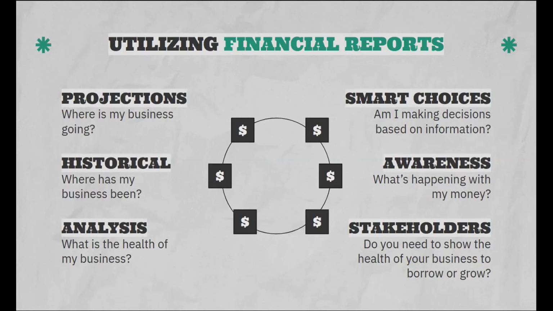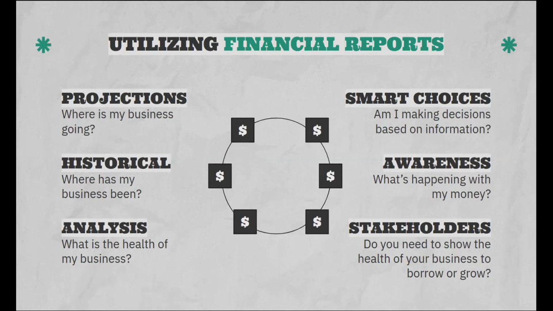Another thing might just be awareness, right? I think it's really easy for people to not look at things frequently and then have them collect dust. So doing financial reporting every month does bring in awareness. What is happening with my money? Are we going up? Are we going down?